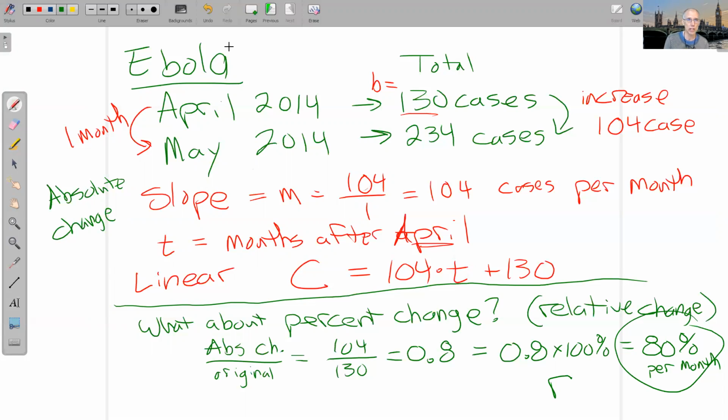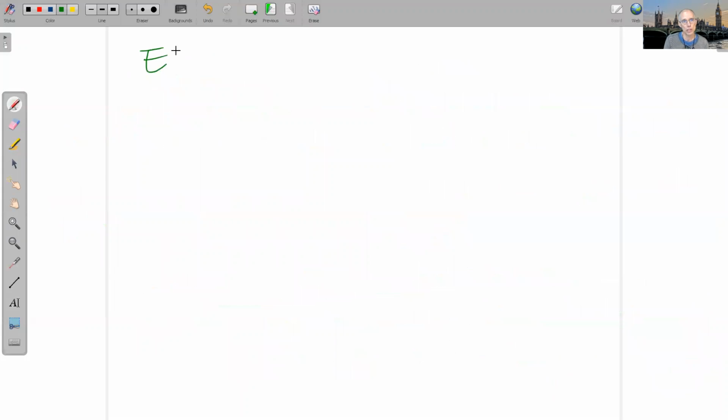So for relative change, so Ebola, relative change, percent change, again, relative change, percent change mean the same thing.